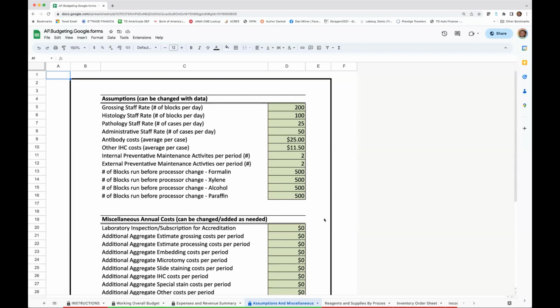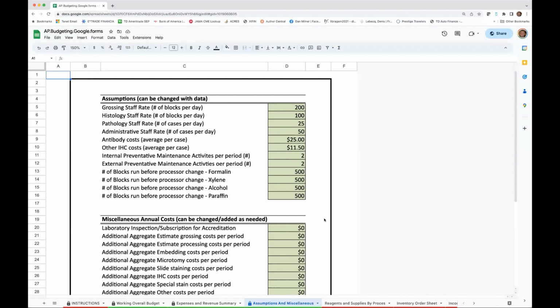Okay, now in a US laboratory that's high volume with a really, really good histotech, they can cut about 250 blocks per day. If your lab isn't very busy and you don't have high volume, maybe you're only cutting 20 blocks a day, 30 blocks a day, but there should be a rate that you could accomplish, you could cut in a day, and that's what you have to figure out. This assumption may be wrong for your lab. It may be too high, it may be too low, but you have to start with an assumption somewhere.